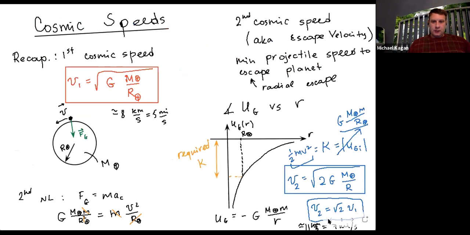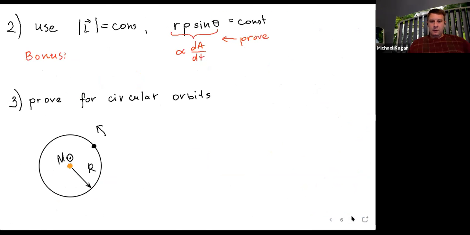If you look at this derivation, Newton's second law, equating the force of gravity to the centripetal force, you can get it. So let me just copy this. We have G M of the sun times the mass of the Earth over r squared equals m Earth times v squared over r.